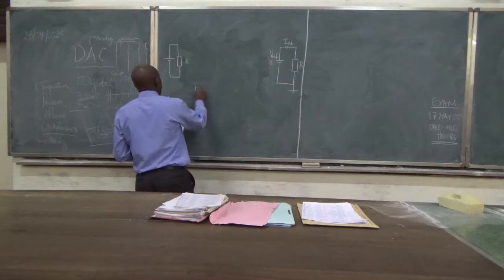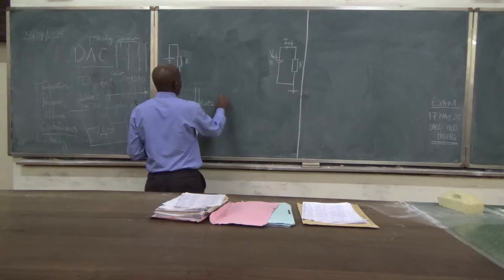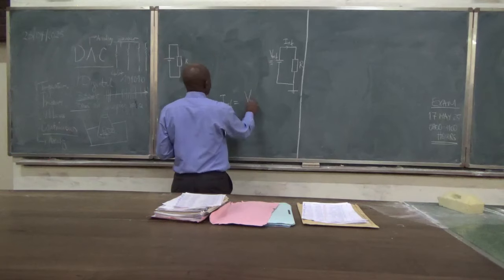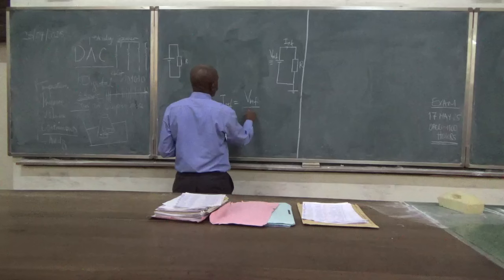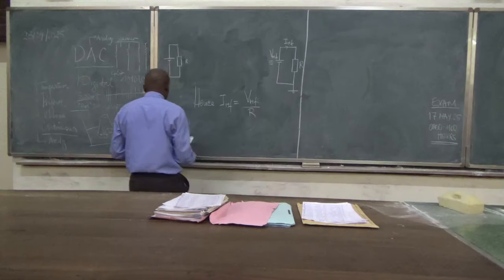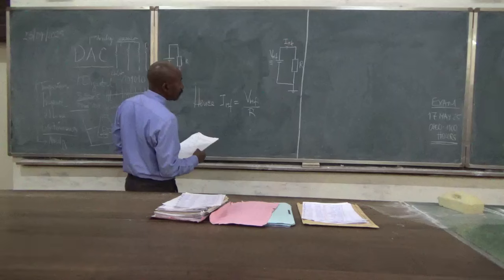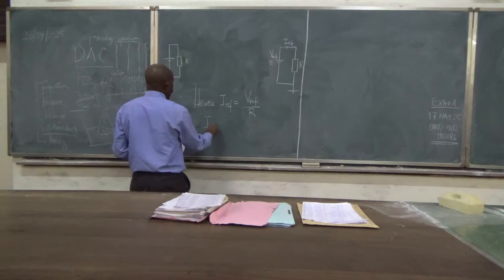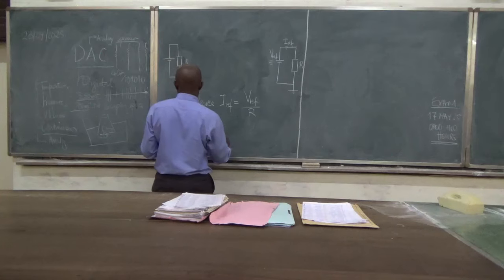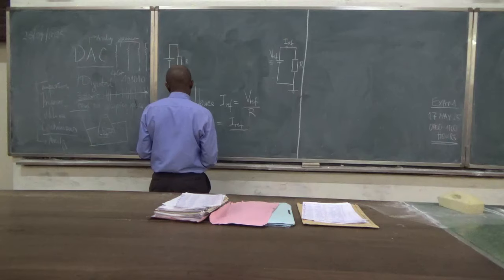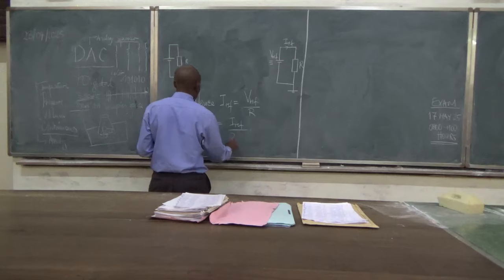And hence this I reference is the same as the voltage, V reference, over the effective resistance we have, which is R. And then for IK, it would be the same as the IREF over 2 to the power.